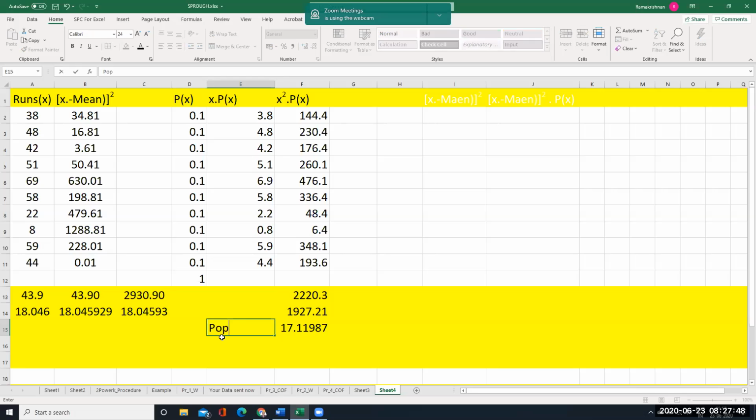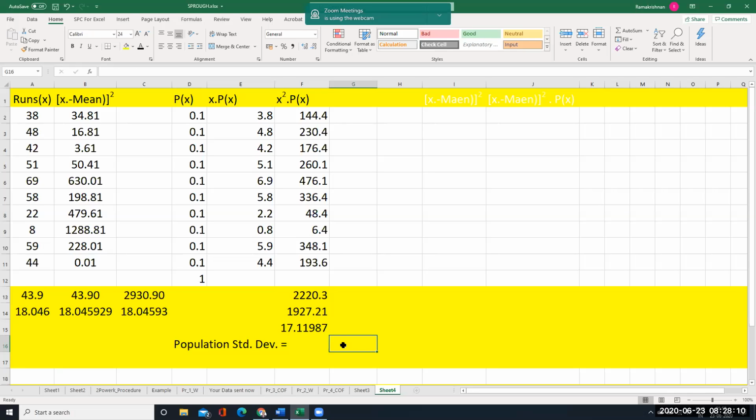Again, population standard deviation, equal to... I'll put it here, control X, control V. This can also be obtained by a different formula.